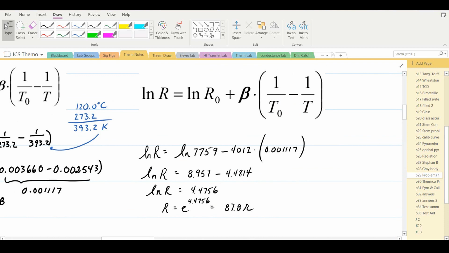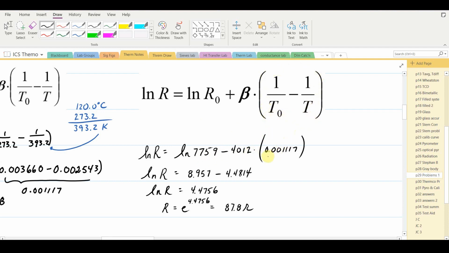Let's look at this using the logarithmic form of the expression. ln of R equals the ln of R sub 0 plus beta times this term, 1 over T sub 0 minus 1 over T. So the ln of R sub 0 is the ln of 7759. Beta is negative 4012. We've already worked out this term, so I won't walk through it again.